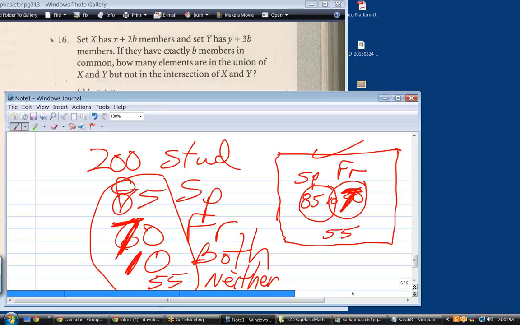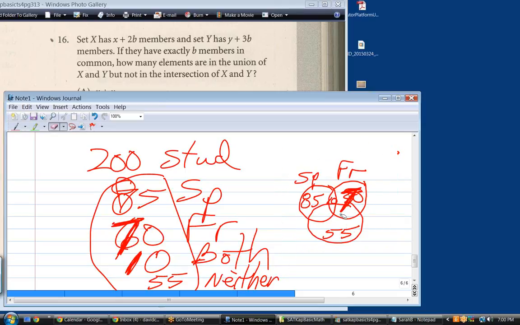So sometimes your Venn diagram has two circles and a combination. Sometimes it has three circles like this and no rectangle. In other words, you have three different languages, and you have, say, this one is German. And you have some people taking Spanish, some people taking French, some people taking German, some people taking German and French, some people taking Spanish and French, and some people taking all three.